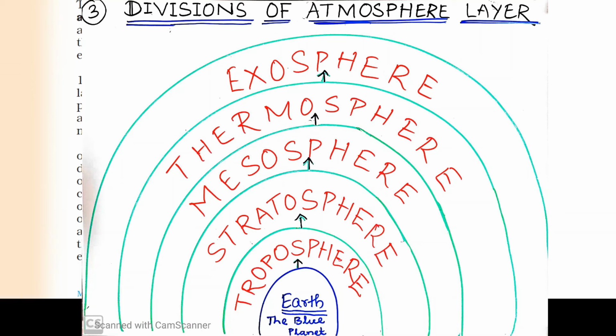The picture is given, but first let me show you the picture, which will be more clear. In this picture on the screen you can see the division of the atmospheric layers. First we have the earth, the blue planet, and above the earth there is first the troposphere, above that the stratosphere, then the mesosphere, then the thermosphere, and lastly the exosphere.